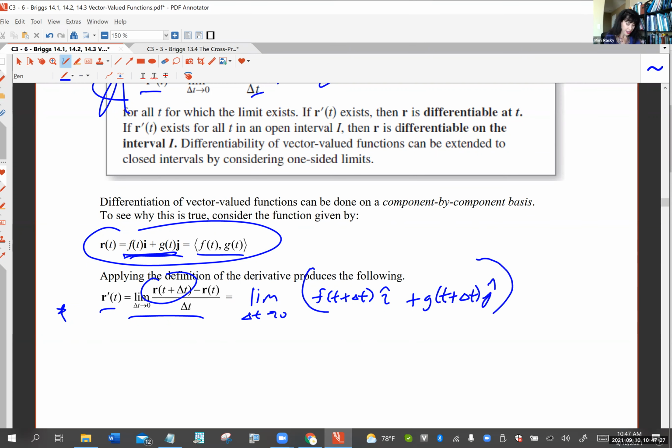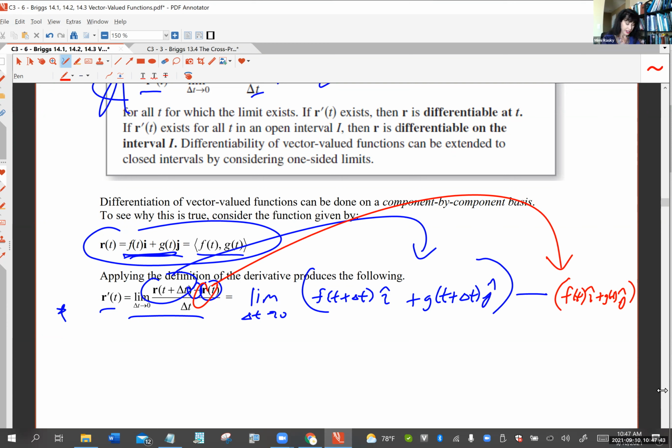That would be the first guy, minus the original r of t, which is f of t i hat plus g of t j hat. And then this is all divided by delta t.